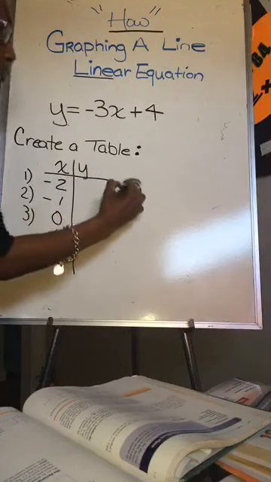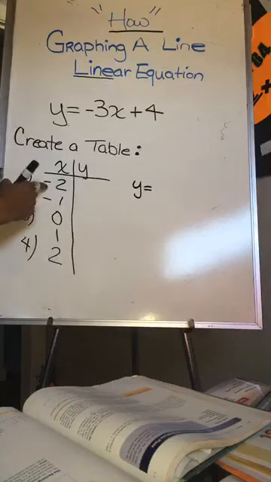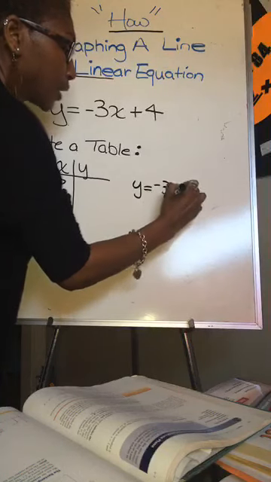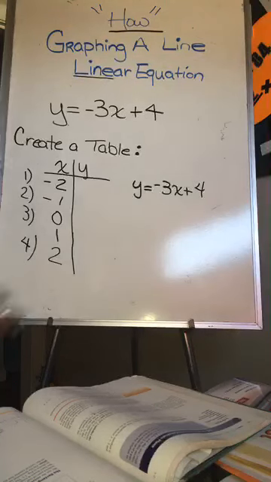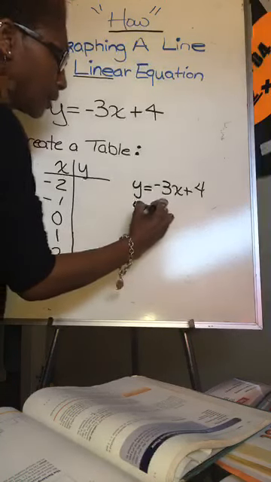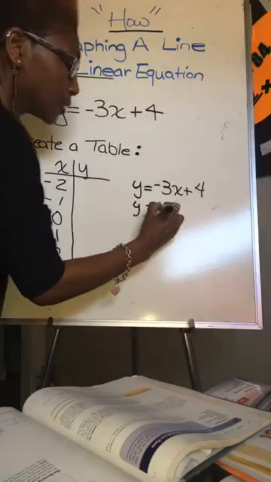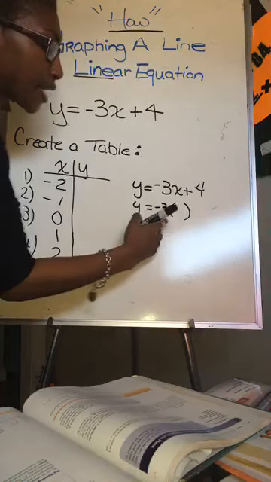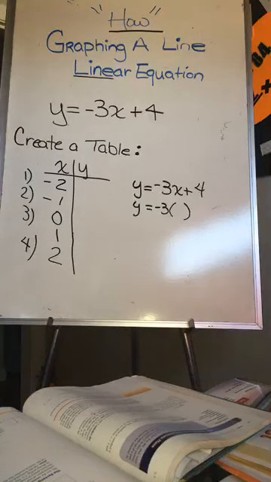So I'm just going to do an example here. We're going to take -2, where I'm going to rewrite the equation, -3x plus 4. And I'm going to substitute, or place, or plug in -2. So we're going to write -3, and remember, any number that's next door to the parentheses represents multiplication.